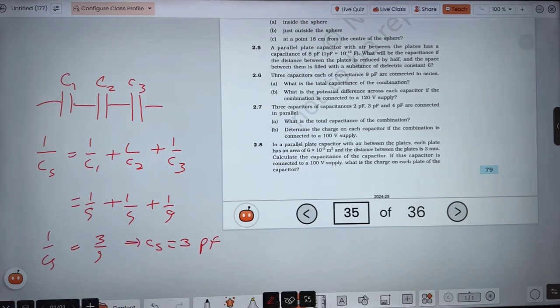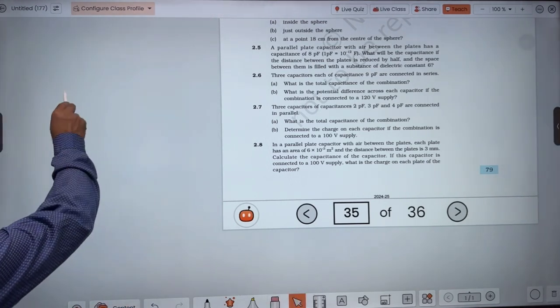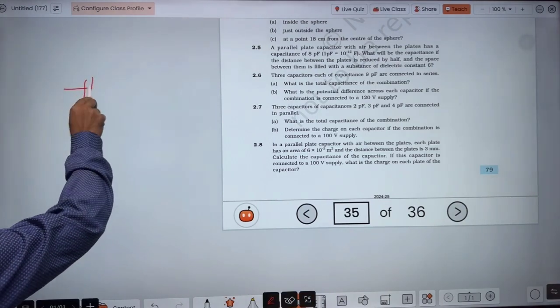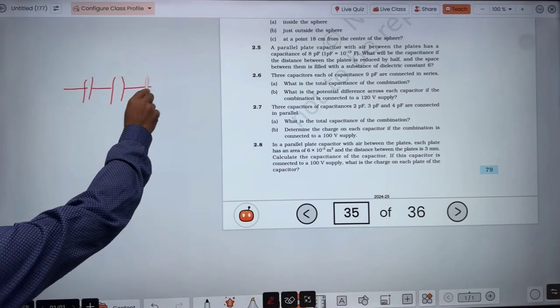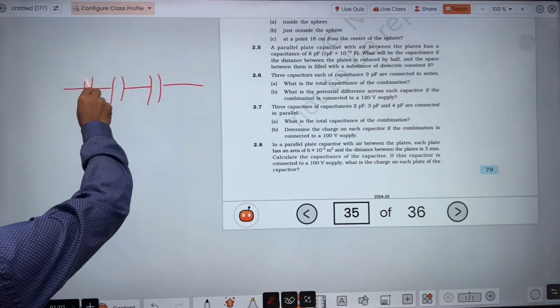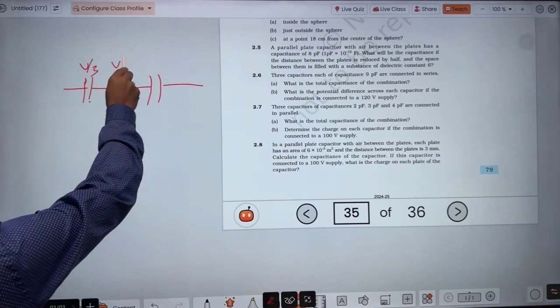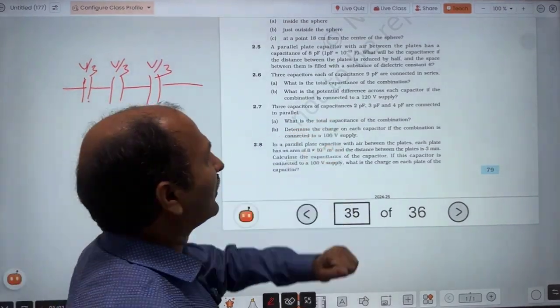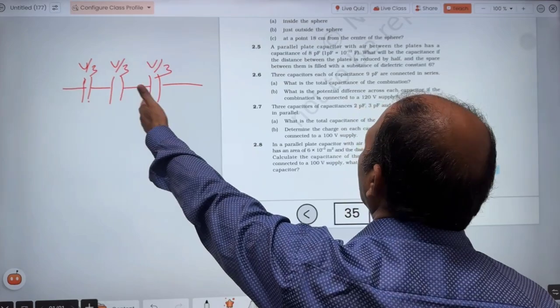Let's see the next question. Next question says 3 capacitors of capacitance 2, 3, 4 picofarad are connected in parallel. What is the total capacitance? So again, it is a simple question. You know, C parallel is given by C1 plus C2 plus C3.